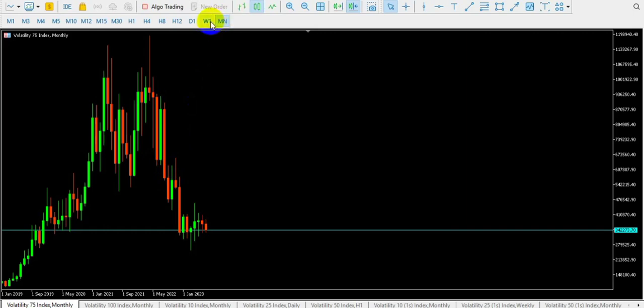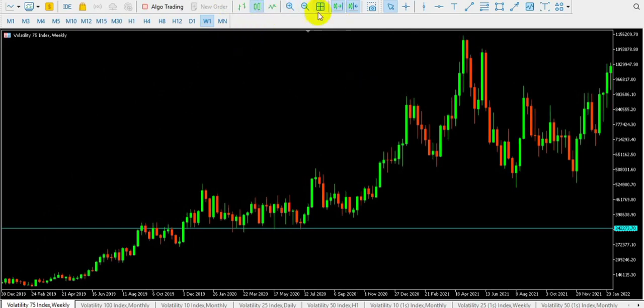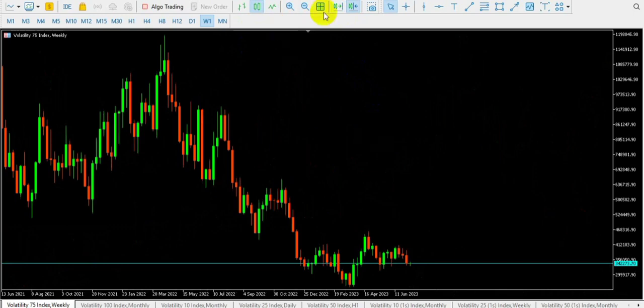So if we go back to the weekly time frame, let's check what was happening here. So this is the weekly time frame. This was all the moves that happened. On the weekly time frame we have a fair value gap after this price was validated.